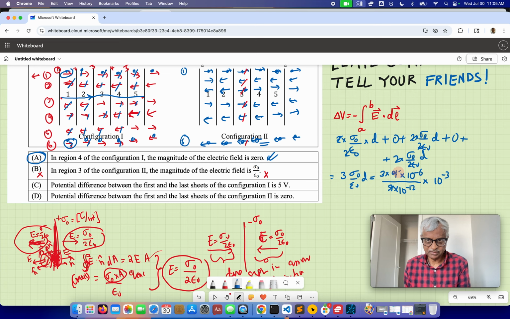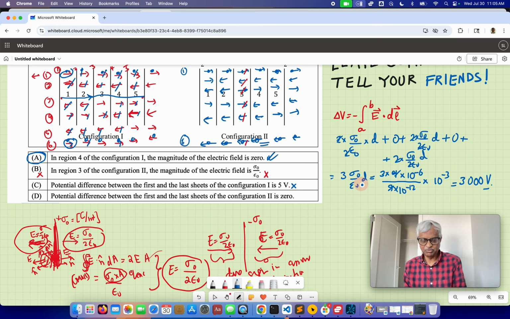This 9 cancels out, and this whole thing becomes 12 minus 9 is 3, not 5 volt. This is not correct.